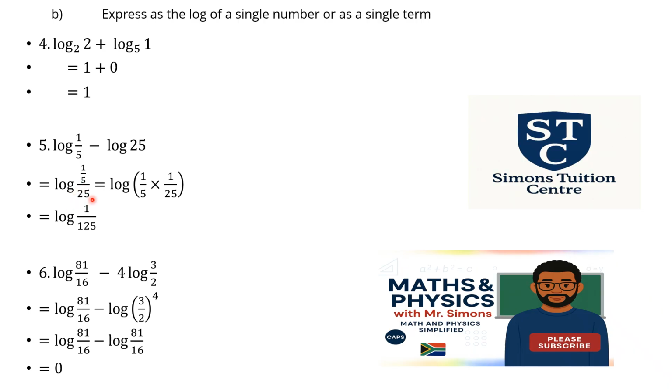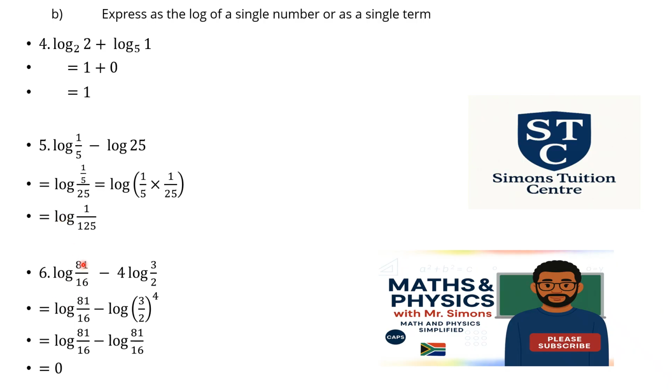The reciprocal of 25 over 1 is 1 over 25. So 1 times 1 stays 1, and 5 times 25 gives me 125. So that equals log of 1 over 125. So I have a single term. If they said simplify, I would have just punched that in a calculator and written the final answer.